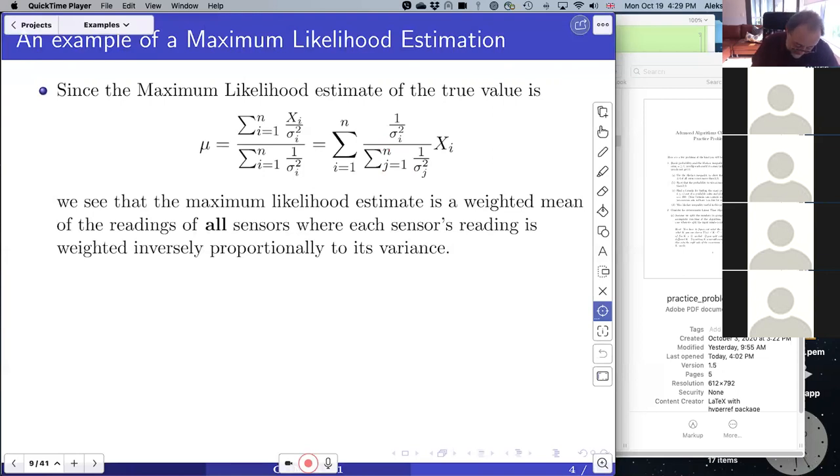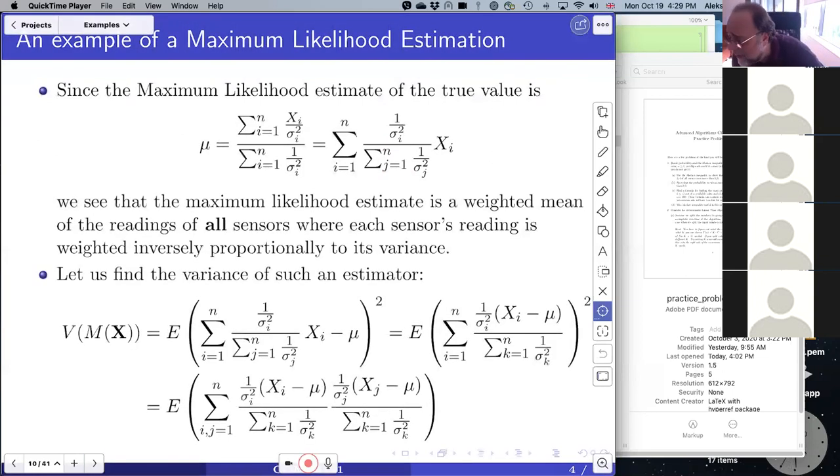So an important thing to remember is that, well, let's first see how good this estimate is. Let's compute its variance. Clearly, because it's a linear combination of unbiased variables, it will be unbiased itself. So to compute its variance, we just have to find the expectation of the estimator minus the true value, squared.